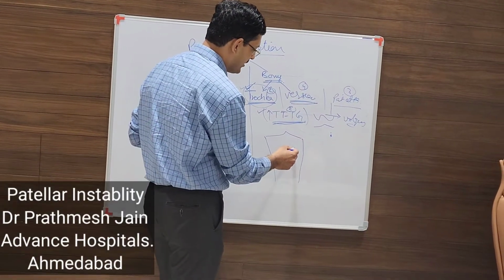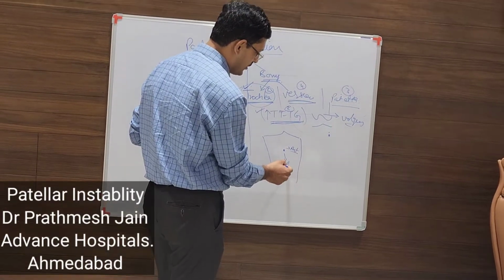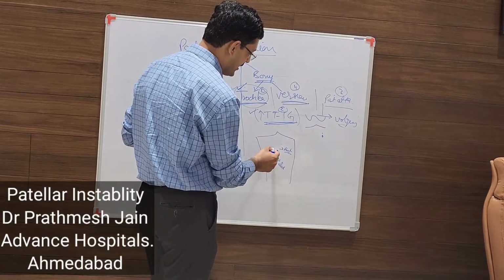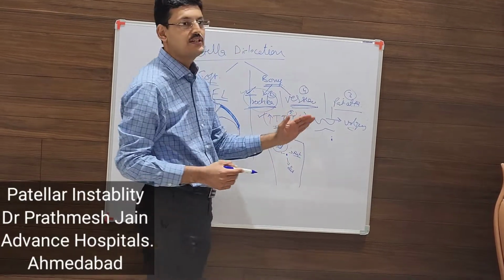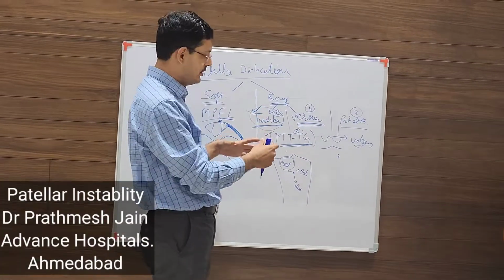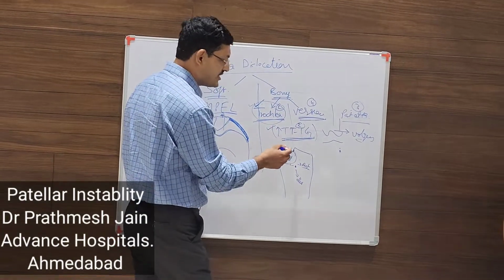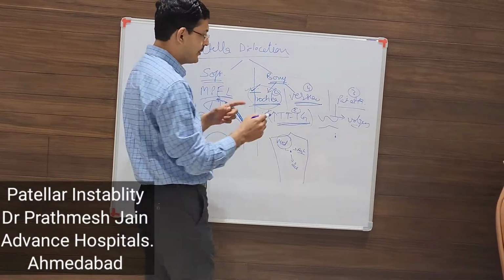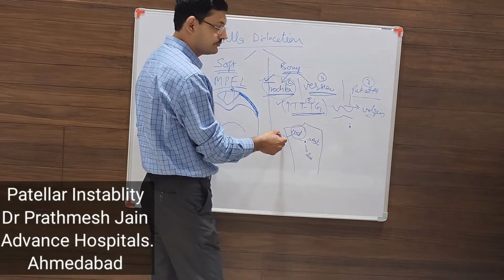You can do three types of migration of the tubercle: anteriorization, distalization, and medialization. So if there is patellar instability because of increased TT distance, you do medialization.